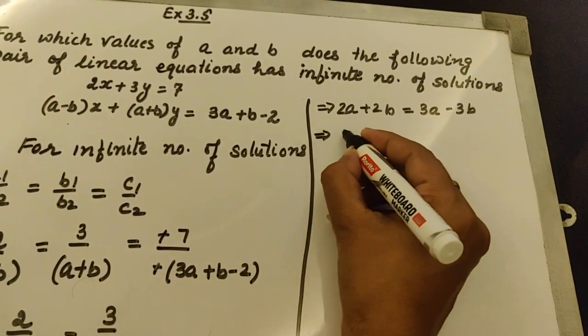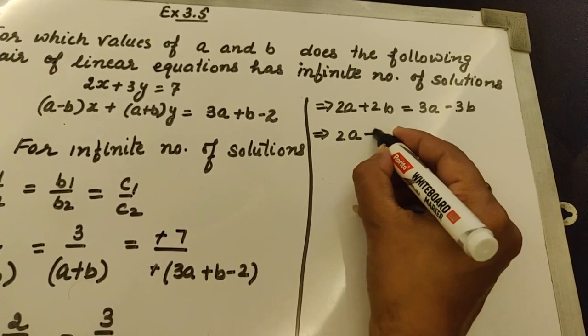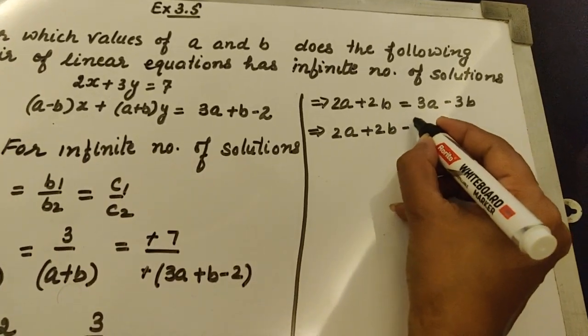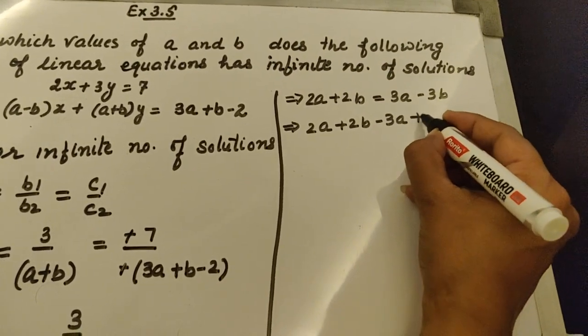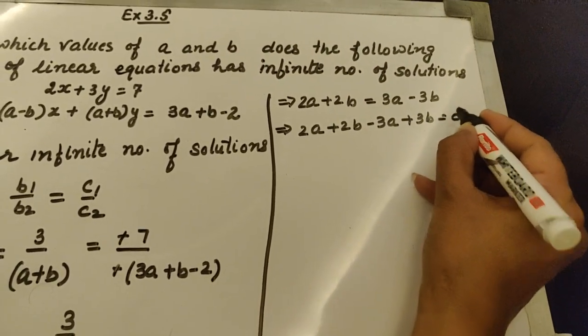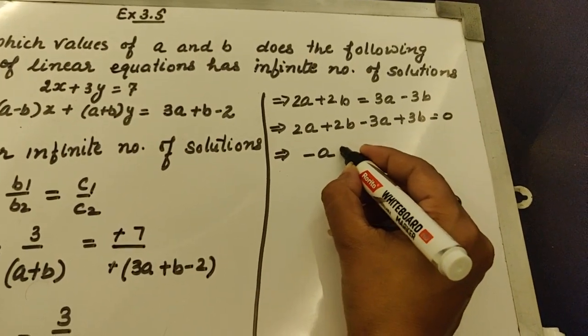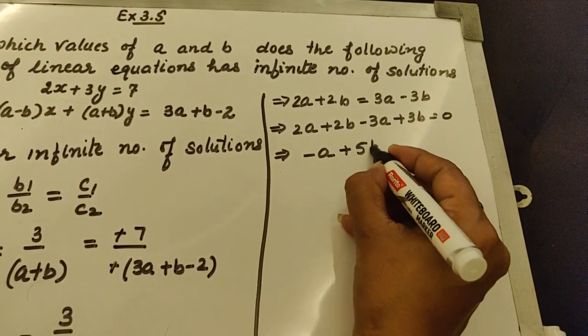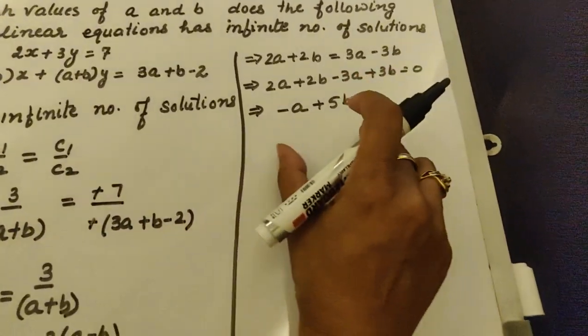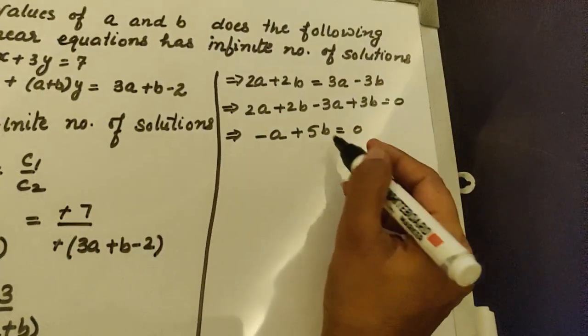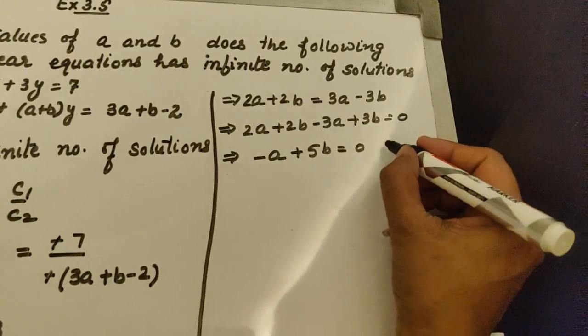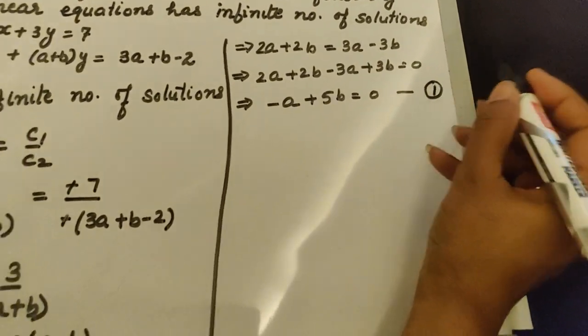This implies 2A plus 2B minus 3A plus 3B is equal to 0. And from here you will get an equation: minus A plus 5B is equal to 0. Now here we have not got the value of A and B, so we have to frame another equation. Let us write it as equation number 1.